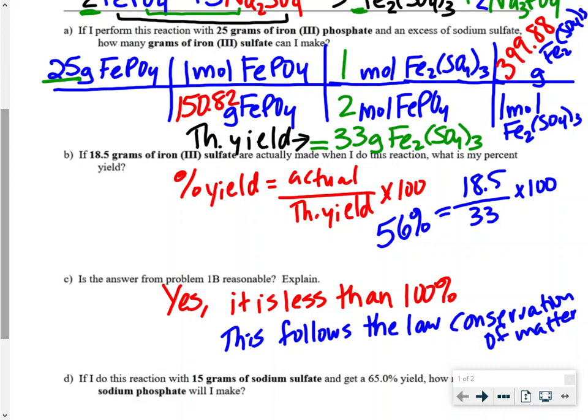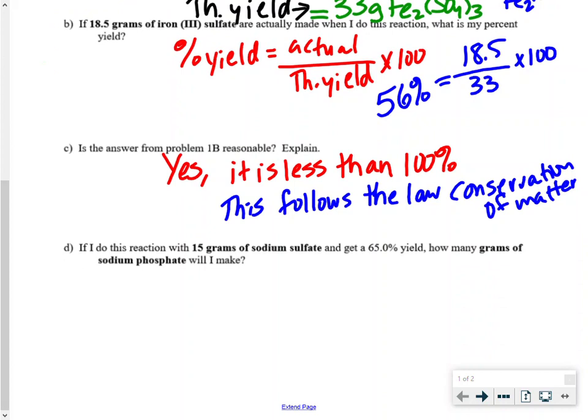If you got over 100%, there must be other substance in there that contaminated your lab, because you shouldn't get more than 100%. So if you ever get more than 100% and they ask you if it is reasonable, you would say no.